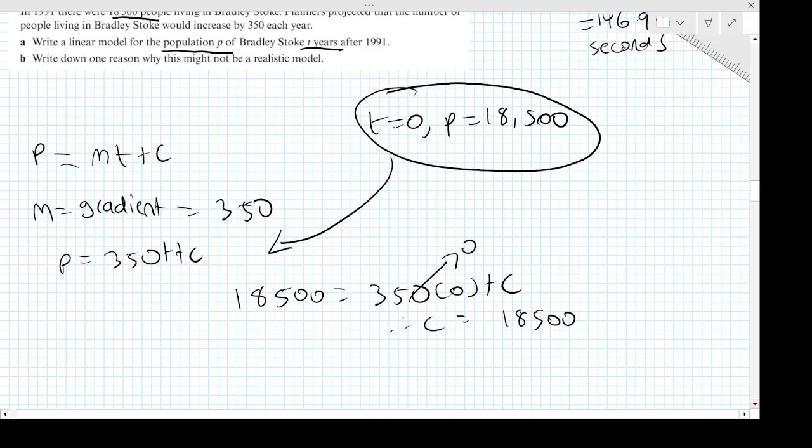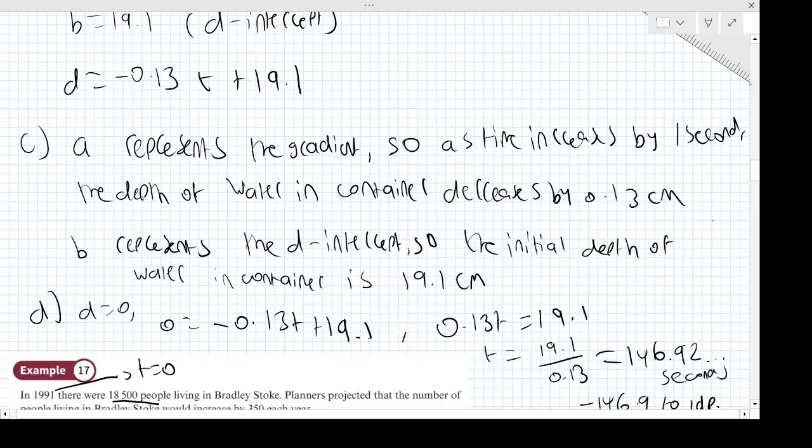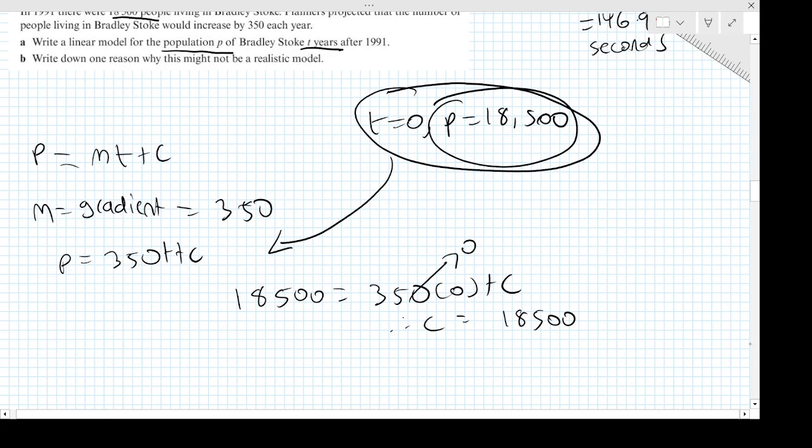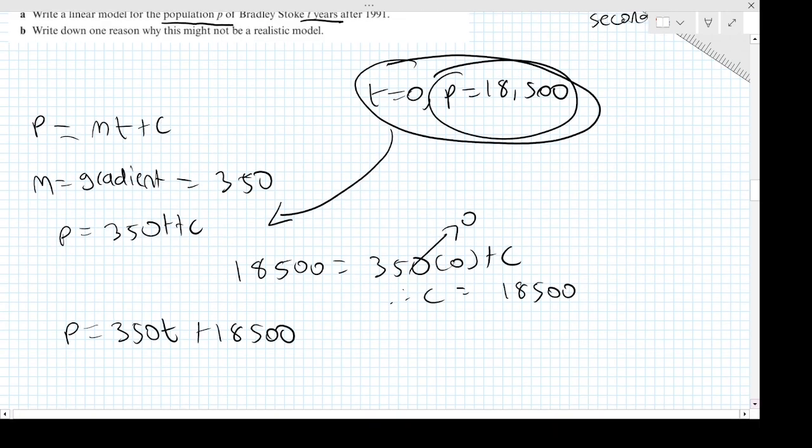And that is the y-intercept, the initial value when t is 0, the p-intercept. We discussed that in the last question, where b, the y-intercept, was the initial depth. So it's all to do with the initial value when time is 0. Anyway, so we've got c then. Therefore, P is 350t plus 18,500. There we are. So that is now the linear model to represent that.